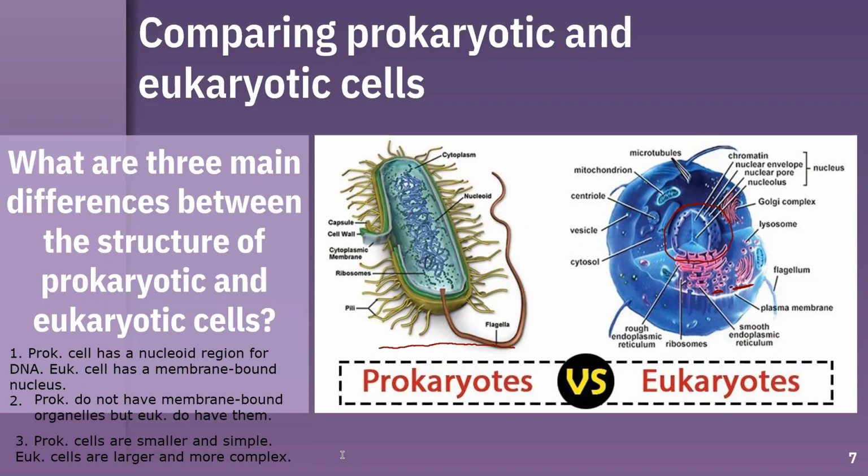They actually are very well adapted for their environment, right? Bacteria are everywhere, but they're generally smaller and they have a simple structure. They do not have all these compartments inside of them. So those are the three differences you need to know between prokaryotic and eukaryotic cells.